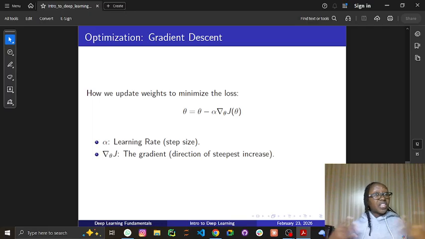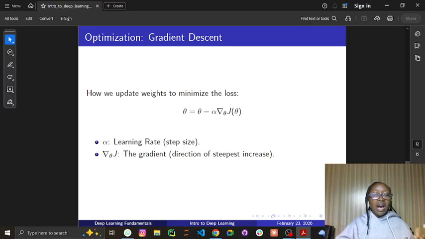The result is a machine that can translate languages in real time, diagnose a disease from an X-ray better than humans, or even generate art from a single prompt.